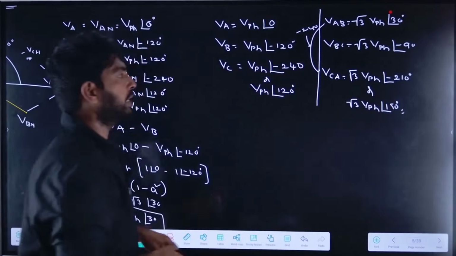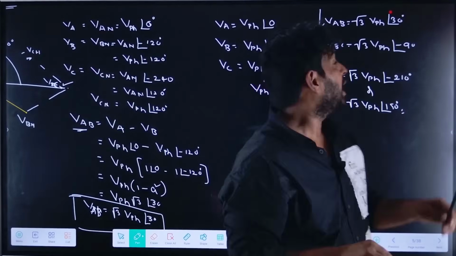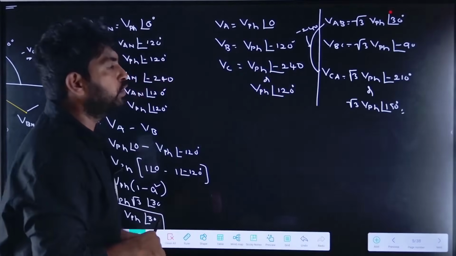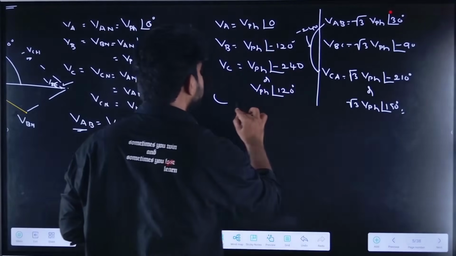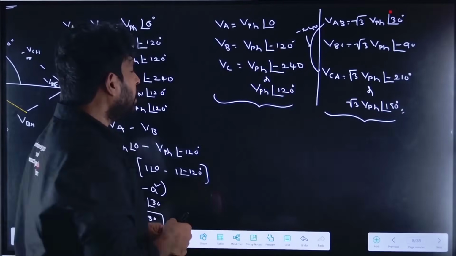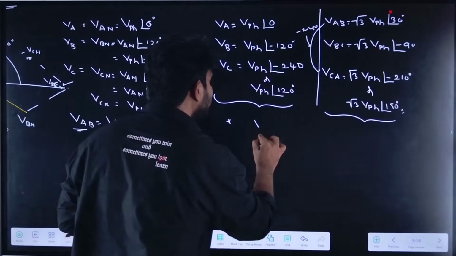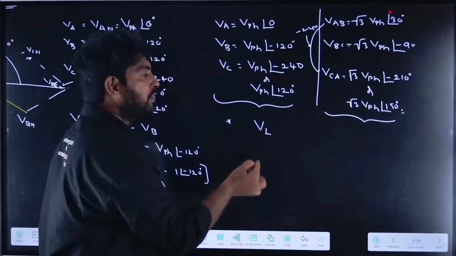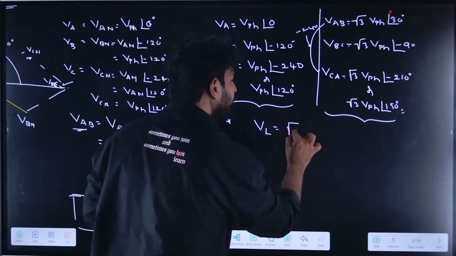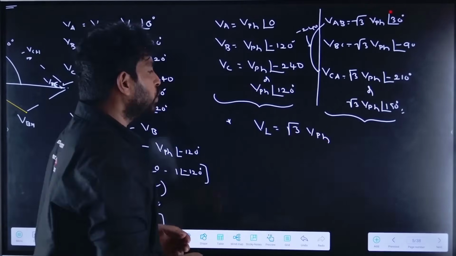Any of this you can make it. So this is how we'll find the line voltage and phase voltage. These are the phase voltages and these are the line voltages. Now what is the relation? If I make it in a single point, the line voltage is equal to root 3 times the phase voltage.